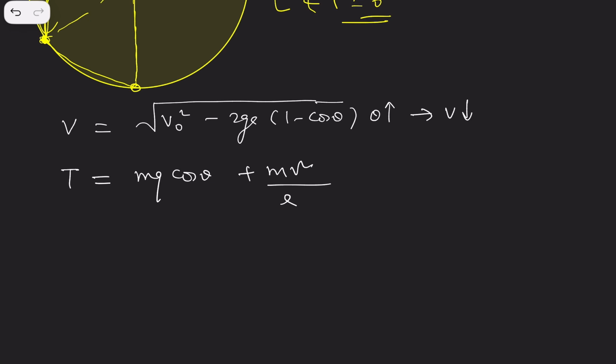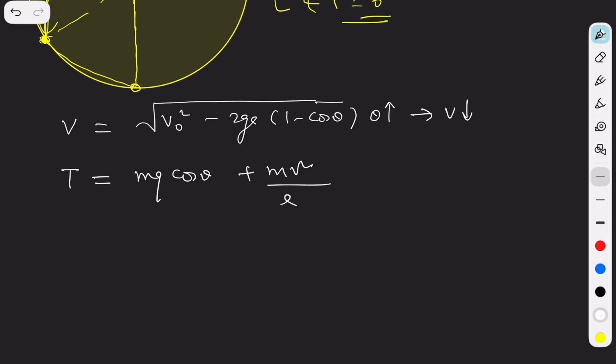Now you should observe that because cos theta is a decreasing function, this value is going to decrease, because mg cos theta decreases as theta is increasing. But along with that, mv square by L is also going to decrease the tension.